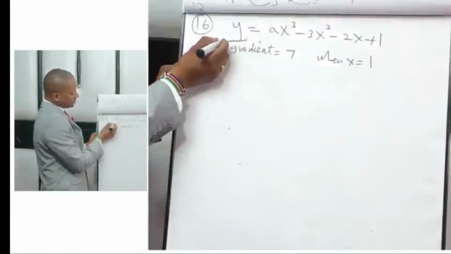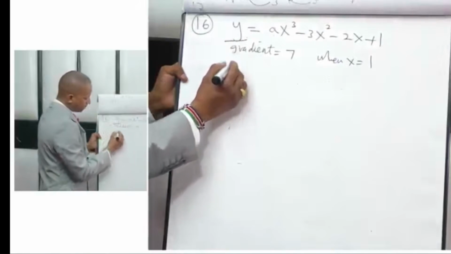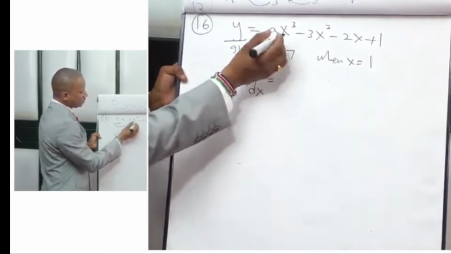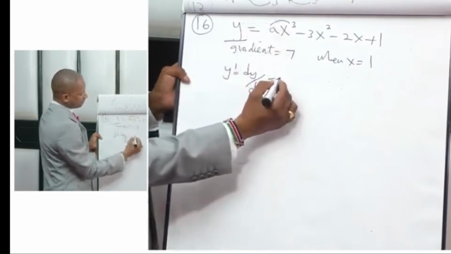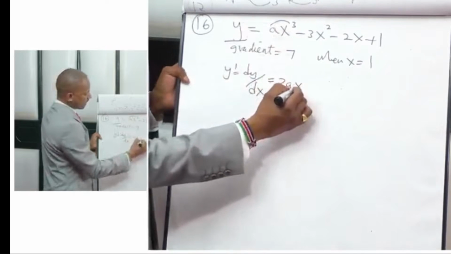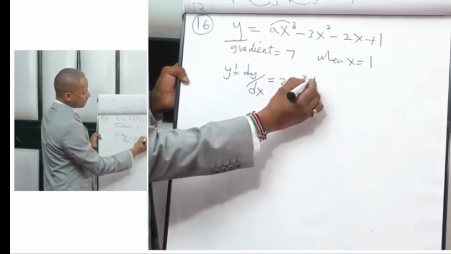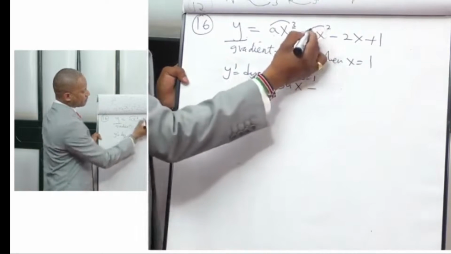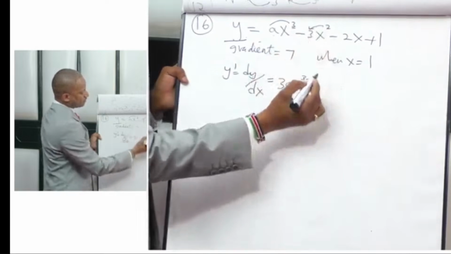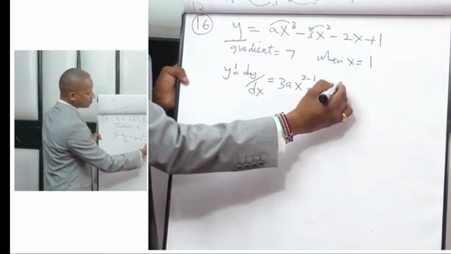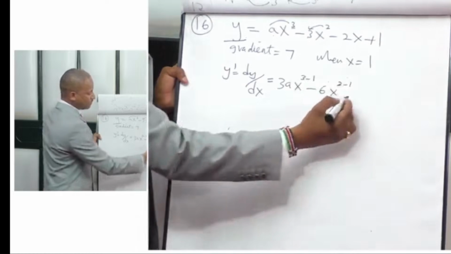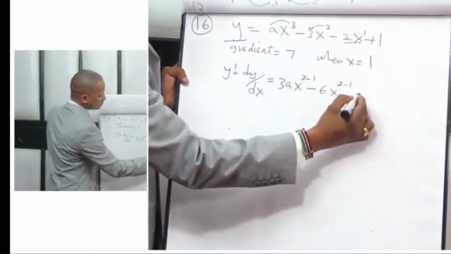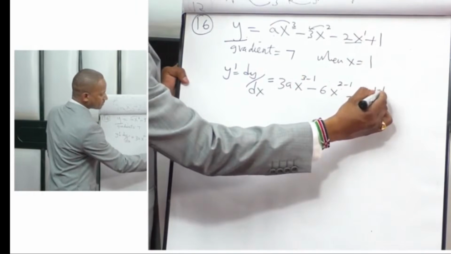Therefore, you differentiate this. So y prime or dy dx equals, you drop the power, that is 3a x, then that power you subtract 1. Then you take this sign minus. You drop the power, that is 2 times 3, which is 6, x to the power 2 minus 1, minus this. Then you drop the power 1, 2 times 1 is 2, x to the power 1 minus 1.